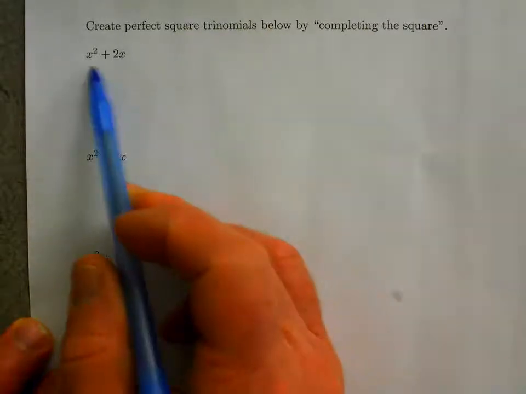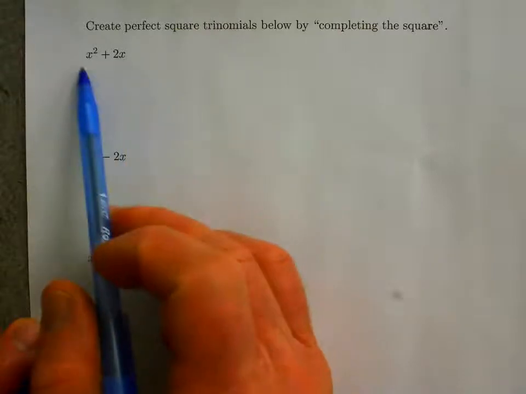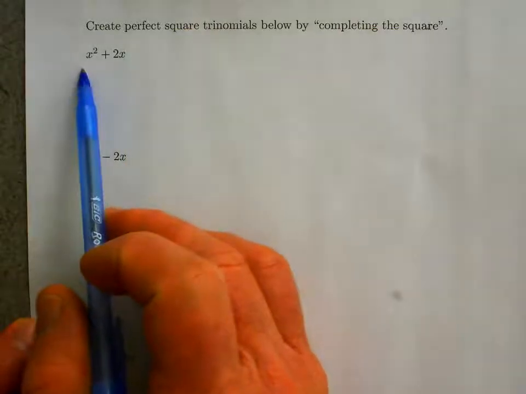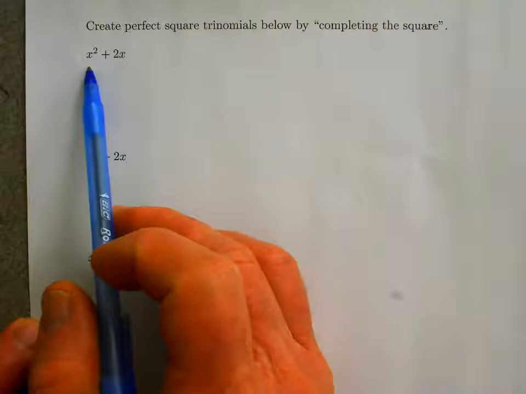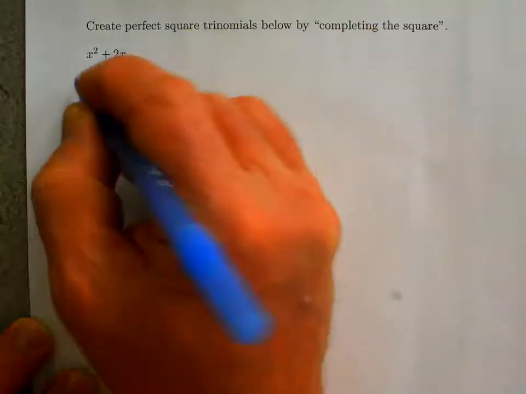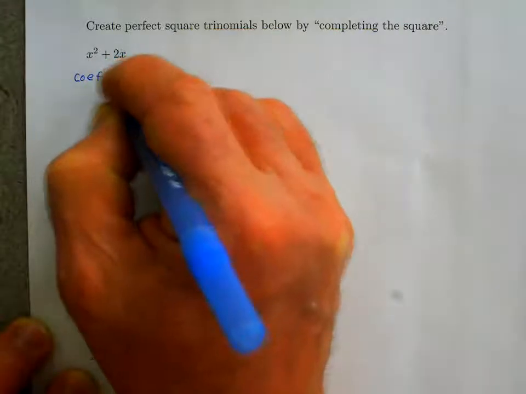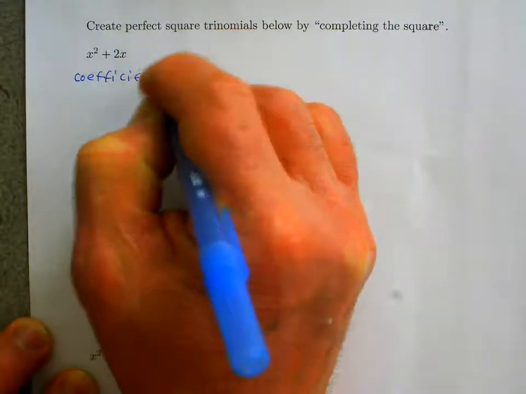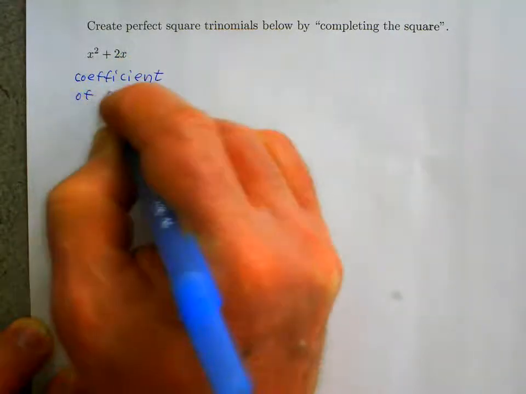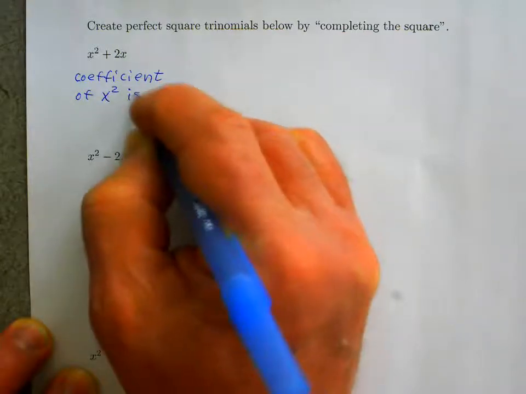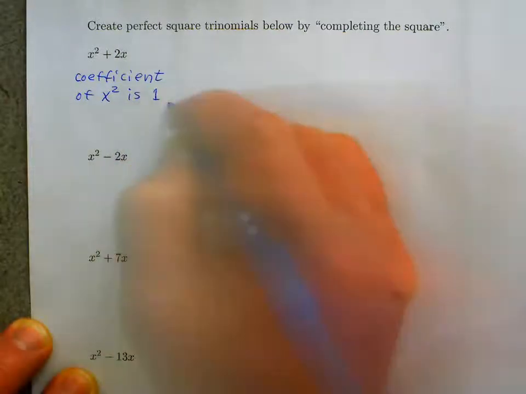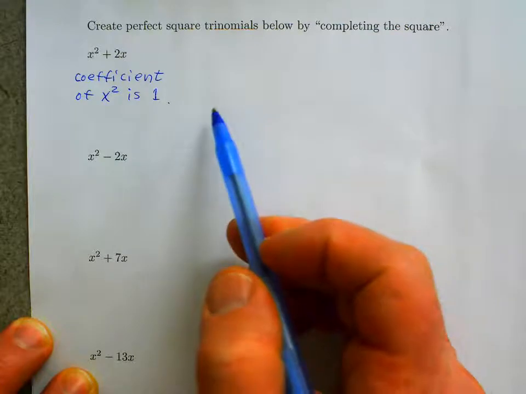So with x squared plus 2x, notice that the coefficient of x squared is 1. So I'll write that the coefficient of x squared is 1. So we proceed to the second step.